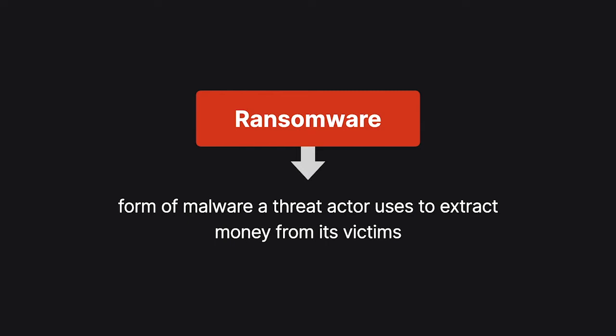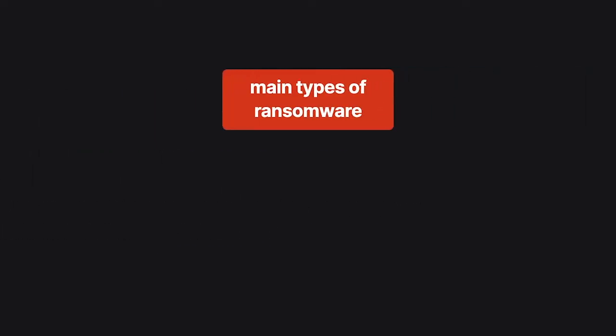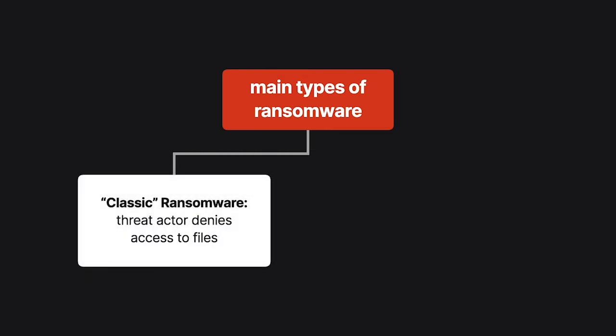That is, generally speaking, the same sort of process that ransomware attackers, which I like to term threat actors, employ. And so there are really two main types of ransomware.